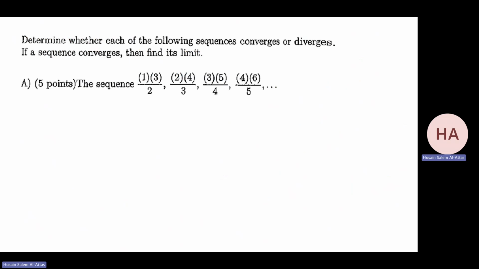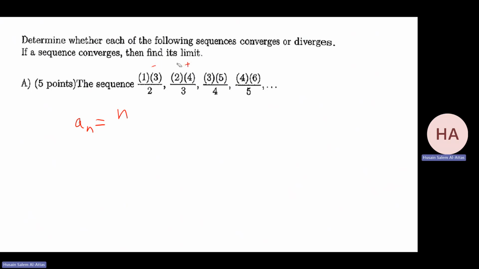Okay. Determine whether each of the sequences is convergent or divergent. Yeah, we need to be careful. First, I need to rewrite this. So a_n will be what? I have 1 times 2 times 3 times 4, that will be n. I have 3, so it will be 1 plus 2, this is 1 plus 3.